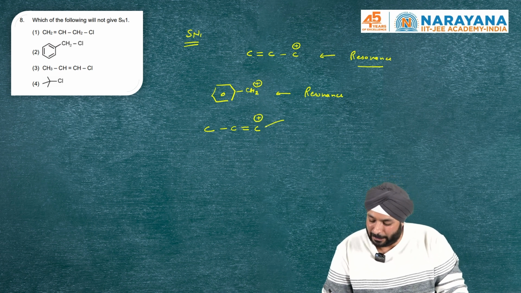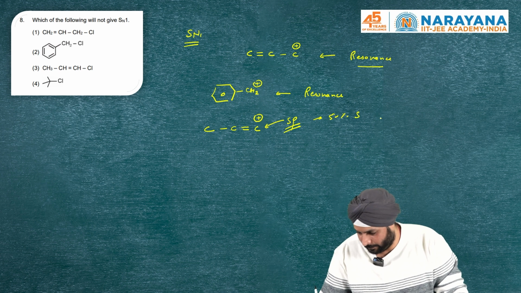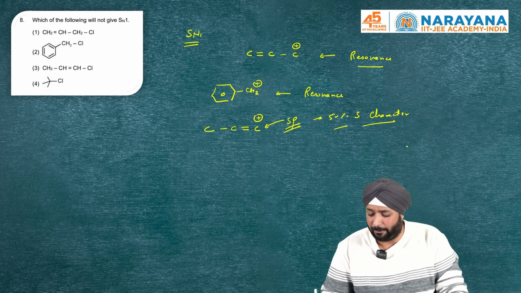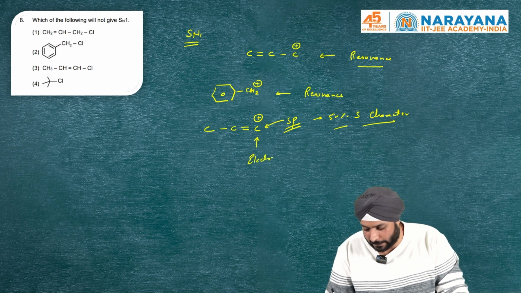The positive charge on an sp hybridized carbon will have 50% s character. Now, because of the 50% s character, it will become highly electronegative, and a positive charge on an electronegative atom is highly unstable.